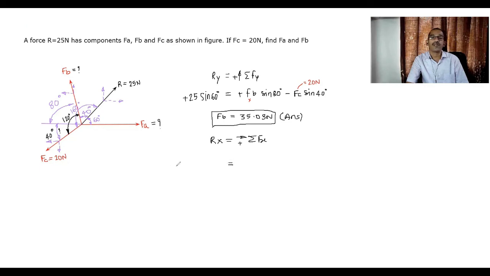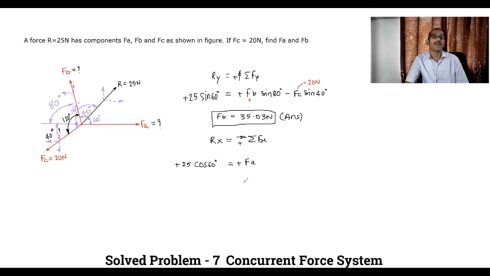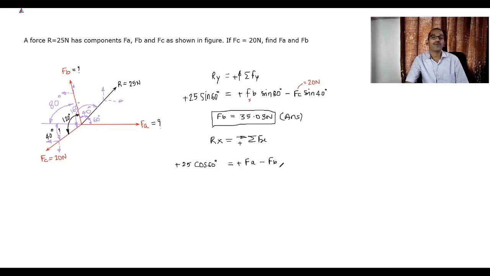The horizontal component is rightward, therefore positive, 25, and the angle given is 60 with the horizontal, so it is cos of 60 degrees. On the RHS, Fa is rightward, so we write it as Fa. The component of Fb is leftward, therefore minus Fb, cos of 80 degrees. And Fc, its horizontal component is leftward, Fc cos of 40.